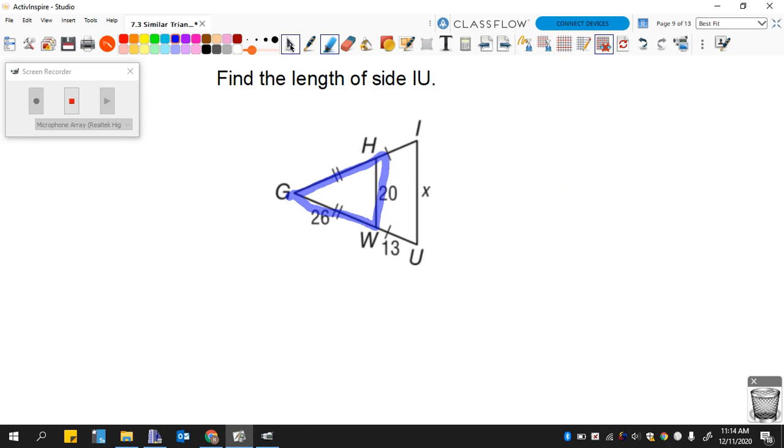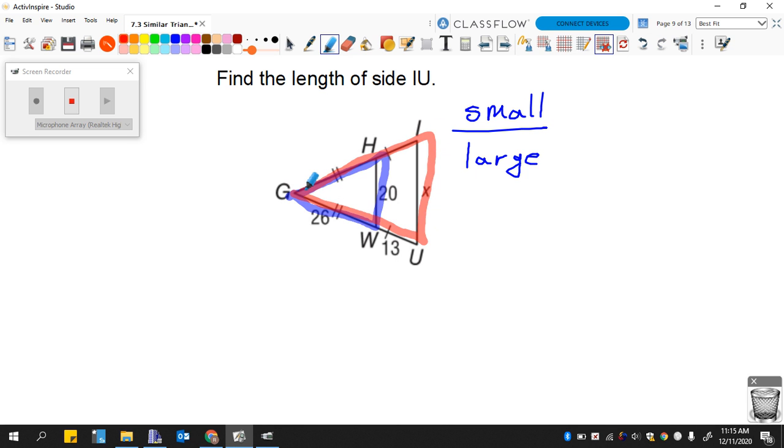So we're going to do small over large triangle. The large triangle would be from G to U to I and back to G.